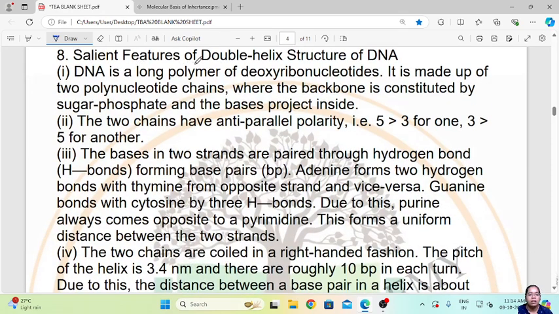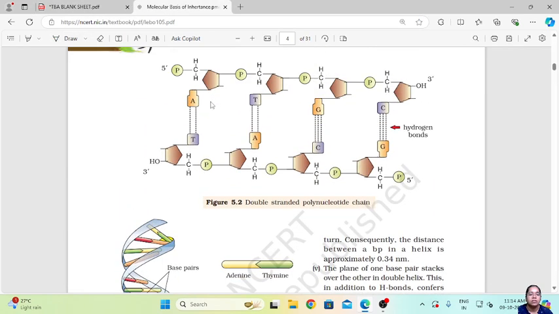The DNA is a long polymer of deoxyribose nucleotides. It is made up of two polynucleotide chains where the backbone is constituted by sugar phosphate and the bases project inside.